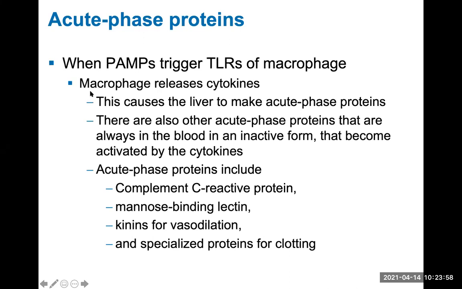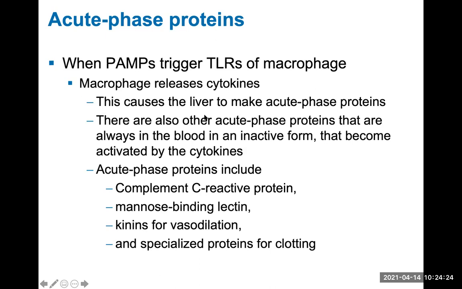They know they found an invader when the invader's PAMPs trigger the TLRs of the macrophage or white blood cell. If a TLR of a macrophage gets triggered, it's going to release cytokines, and this is going to cause two things to happen.